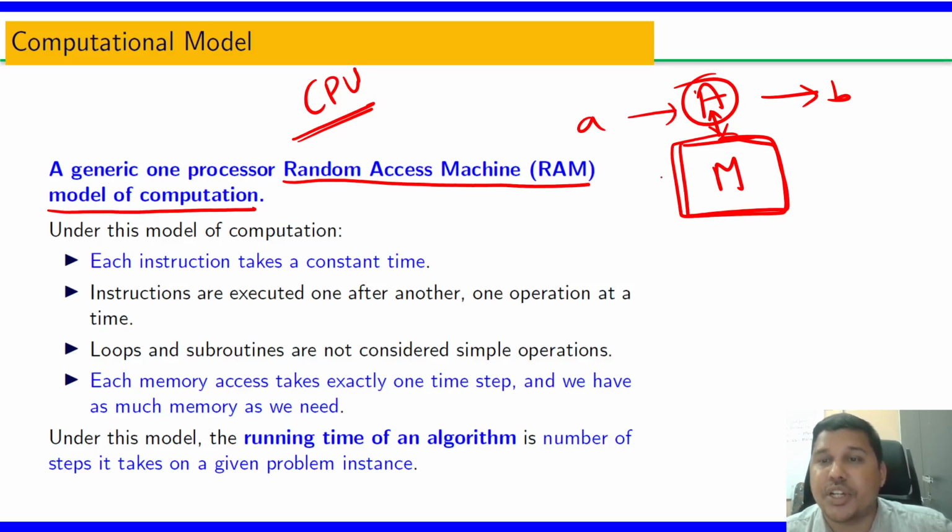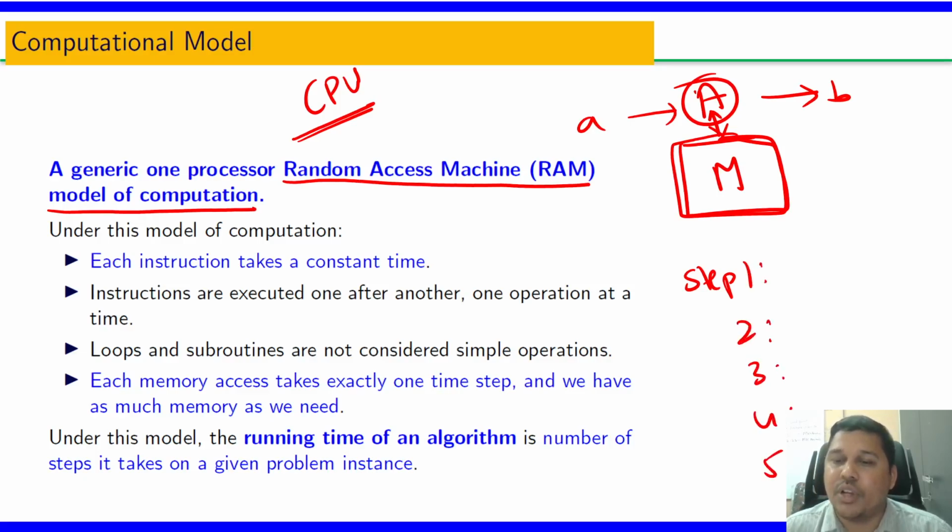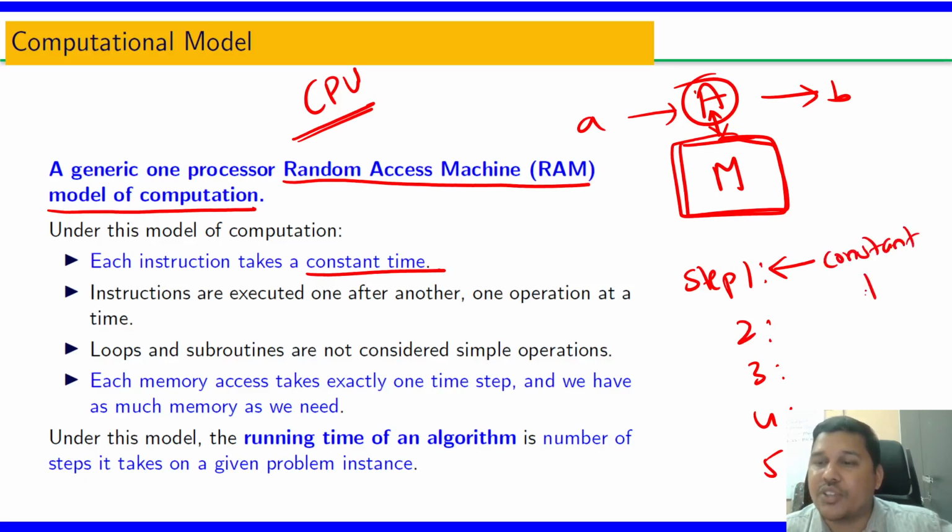In such RAM based computation machines, how does this work? When you write an algorithm, step 1, then 2, 3, 4, and 5. Suppose the program which you wrote has 5 steps, right? Each instruction takes a constant time. Each step will take a constant time for execution.